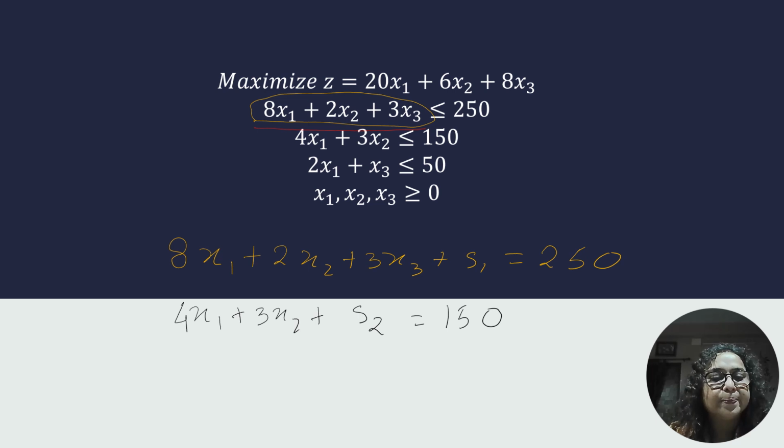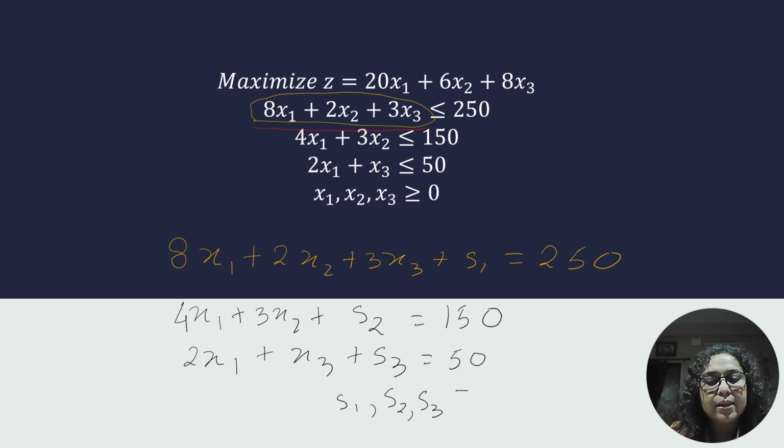In the same way, in the third constraint, we write 2x1 plus x3 plus S3 is equal to 50, where S1, S2, and S3 are greater than or equal to 0. If they are 0, that means the constraint is exactly satisfied. There is no slack. So these three that we have added here are the slack variables.